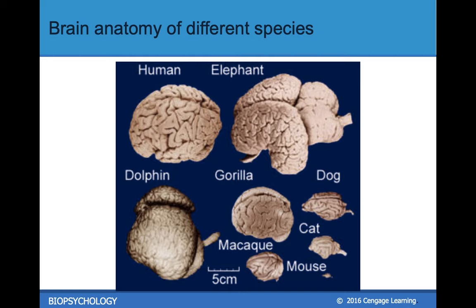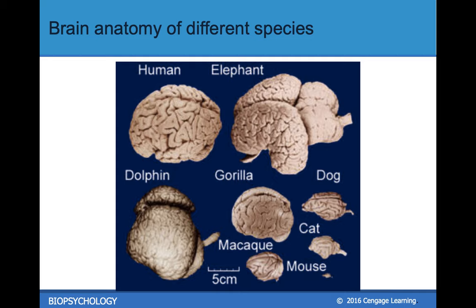And these are all mammals, obviously. But as you can see, dolphins have a really different structure, and same thing with elephants. Different parts of their brain are larger or smaller, depending on some of the specifications for their species, like what they actually have to do.